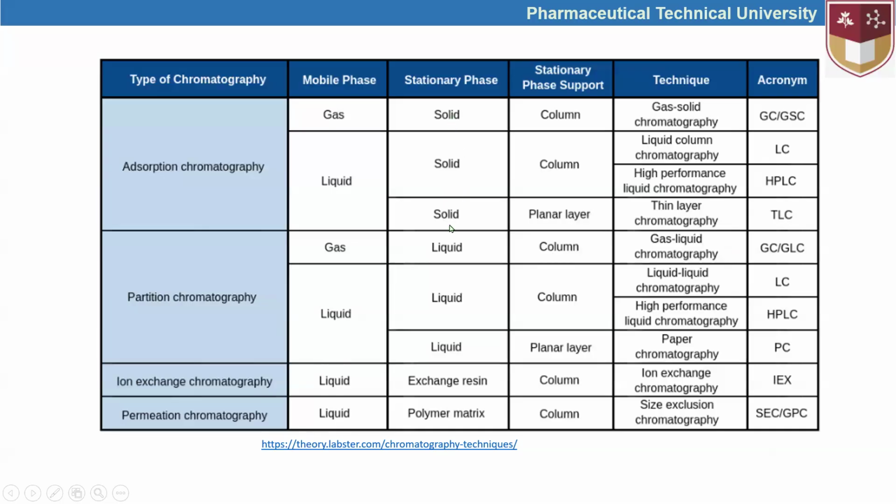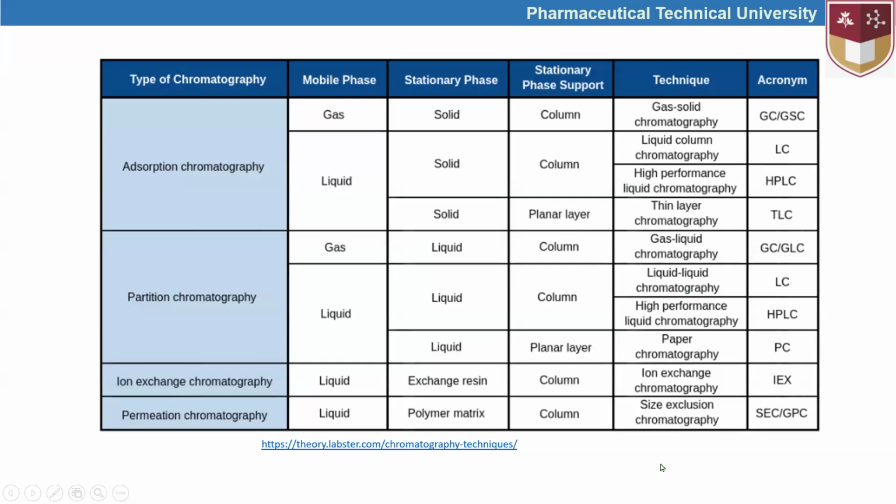There it is solid, and the stationary phase in partition chromatography is liquid. The stationary phase support can be a column or a planar layer.